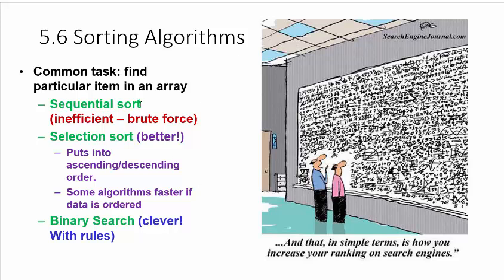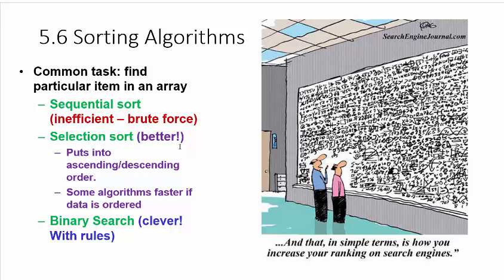One is just a sequential sort. So you just sequentially go through your array or your list, and you try to find the item that you're looking for. This is a very inefficient brute force way of finding an item that you're looking for in a long list or a long array. Somewhat better is to do what's called a selection sort algorithm.